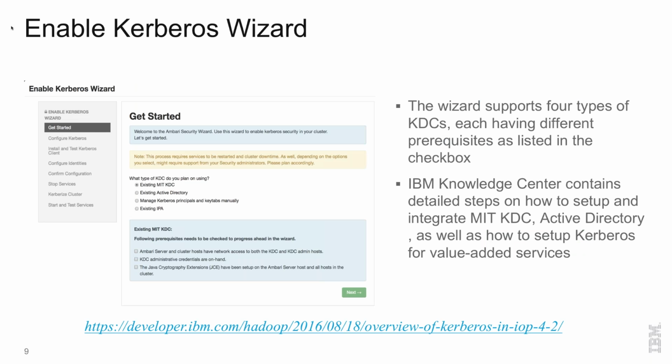The wizard release for this picture is taken from BigInsights 4.3, and you can see that it supports four types of KDCs: MIT, Active Directory, your own other Kerberos server, and the IPA, FreeIPA. And each one will have its own prerequisites, right? So you just follow that.